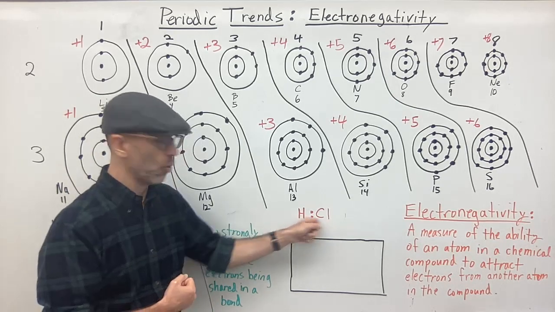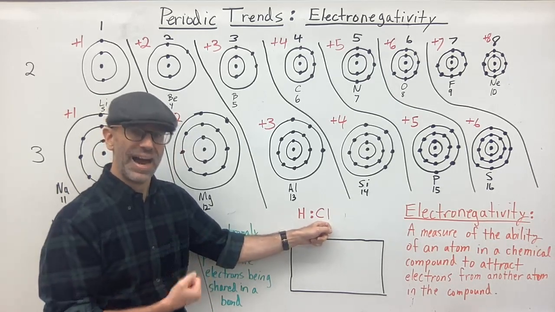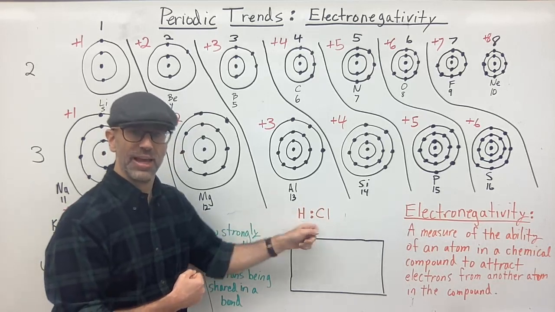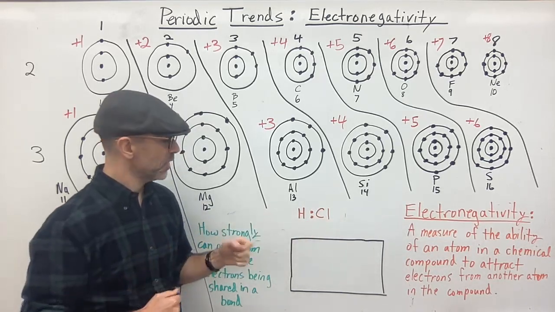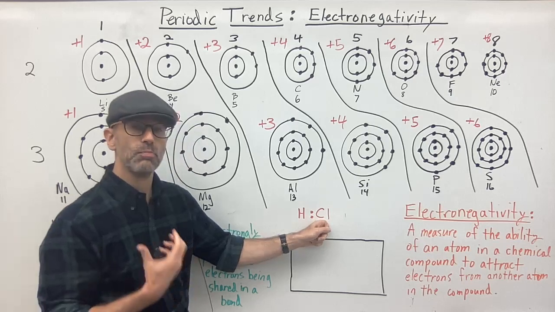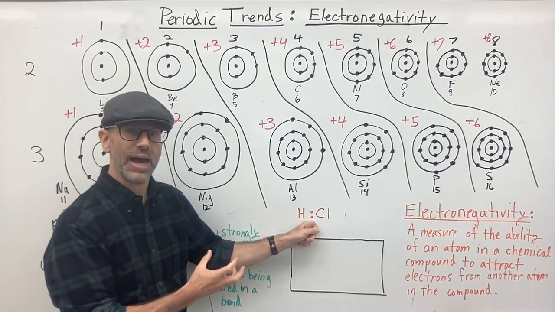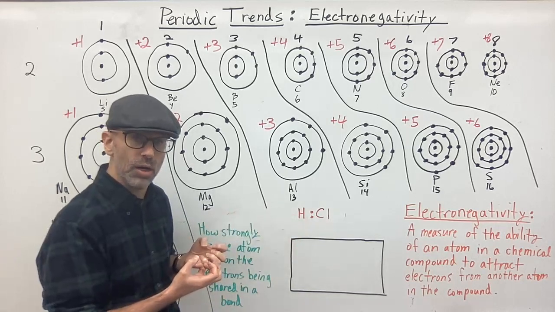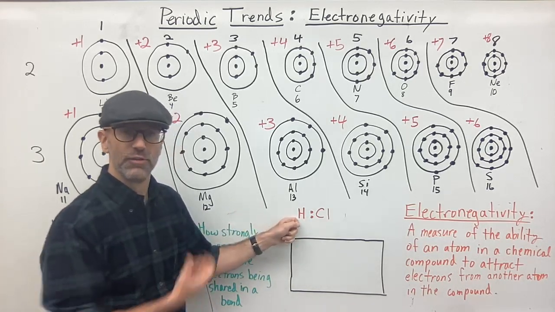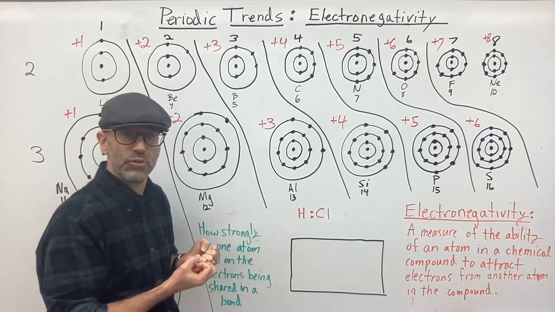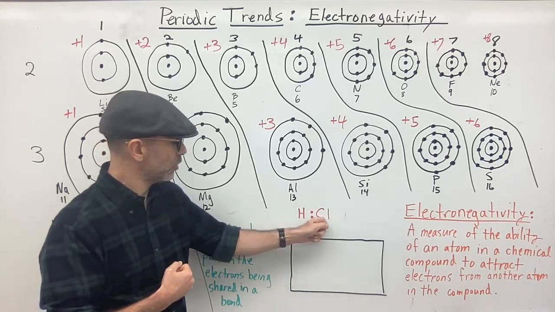Which one is going to be pulling harder on the electrons, chlorine or hydrogen? That is electronegativity. If chlorine is more electronegative, chlorine would be pulling on those electrons more than hydrogen. If hydrogen is more electronegative, then hydrogen would be pulling on those electrons more than chlorine.